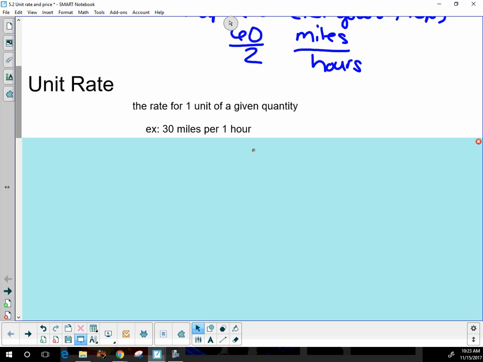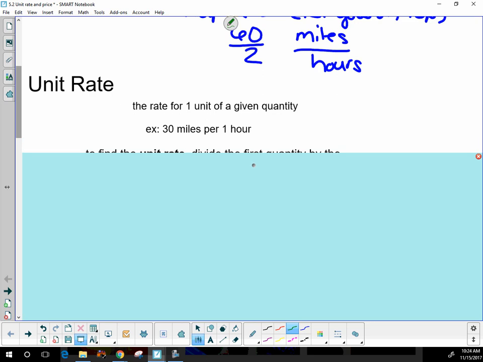If we reduce this, it would be 30 miles per 1 hour, and there's my unit. That's my 1 unit. So you think about dividing both top and bottom, reducing it.